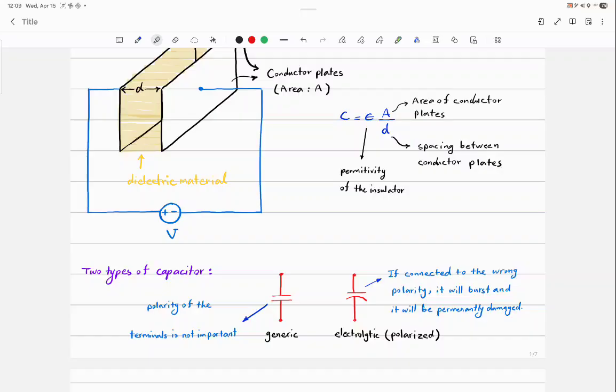There have been cases of people going blind because there are a lot of chemicals inside those capacitors that can spill over your face or your shirt. So if you put an electrolytic or polarized capacitor the wrong way in your circuit, it will be permanently damaged.